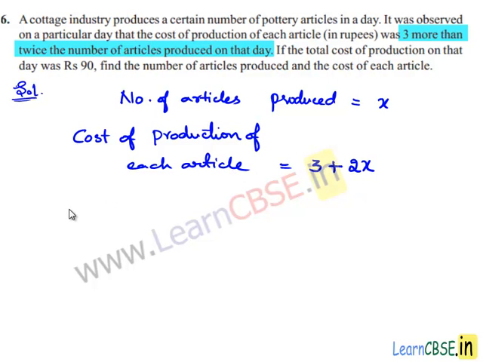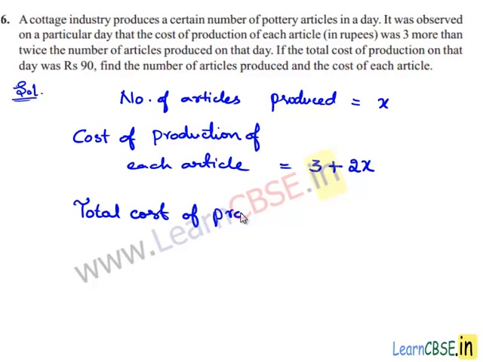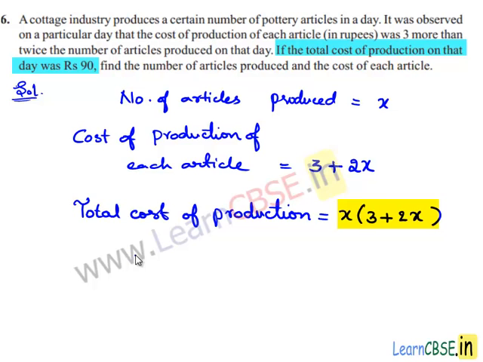Now the total cost of production can be written as number of articles produced multiplied by cost of production of each article, which is x multiplied by (3 + 2x). According to the given problem, total cost of production is given as 90 rupees.